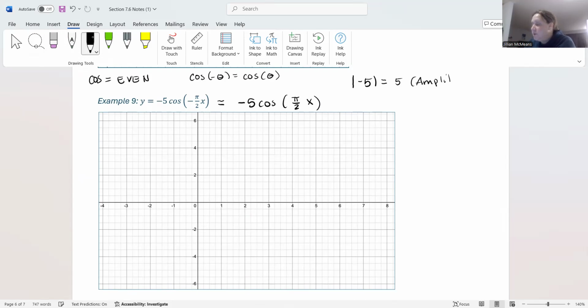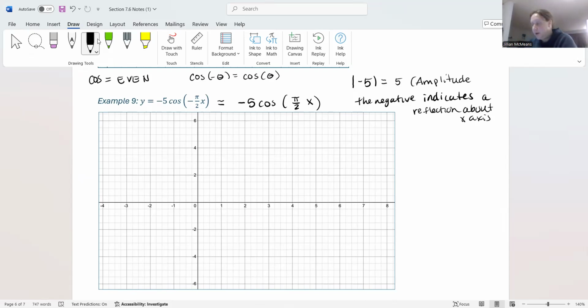But the negative indicates a reflection about the x-axis. So this is not only stretching cosine, it's flipping cosine about the x-axis. We need to just acknowledge that first. So we know we have an amplitude of 5, and we also know that we have a reflection about the x-axis. So that's going to stretch and flip.